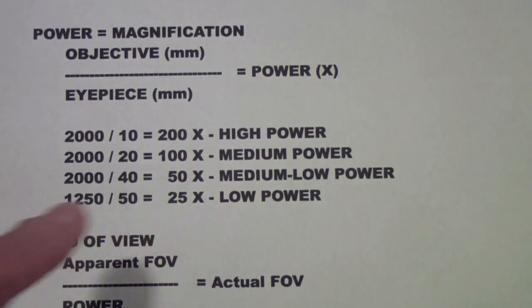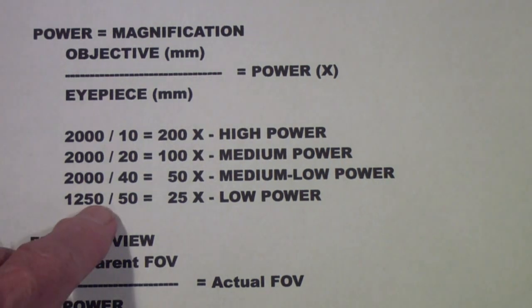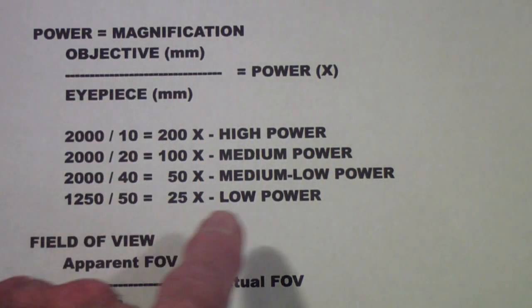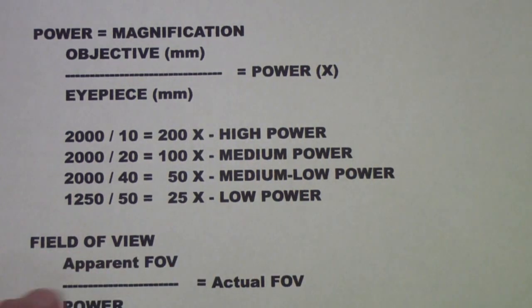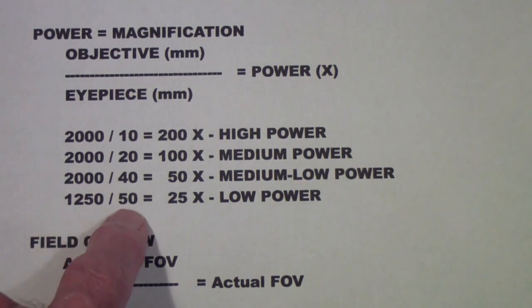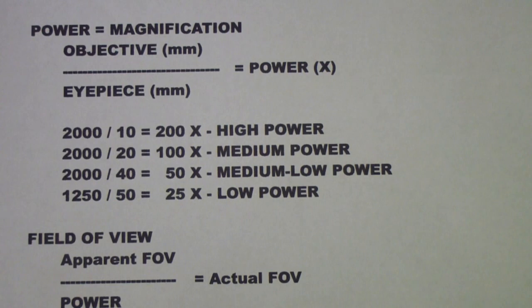So there are some Messier objects, for example, and nebula, galaxies, and so on, that to get to, if you have a 2,000 millimeter Schmidt-Cassegrain and you want to see the entire object, you pretty much have to have a focal reducer to get the effective focal length down to about 1,250 millimeters, and a very wide eyepiece, or I should say a very long focal length eyepiece, so that you get the power down to 25.